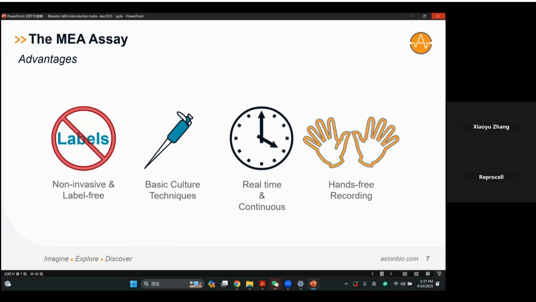The MEA system performs non-invasive electrical measurements from cultured neuron populations, eliminating the need for dyes or reporters that could interfere with your cell model or compound results. With just basic culture techniques, you can track neural activity over extended periods, like hours, weeks, even months, from the same population of cells.